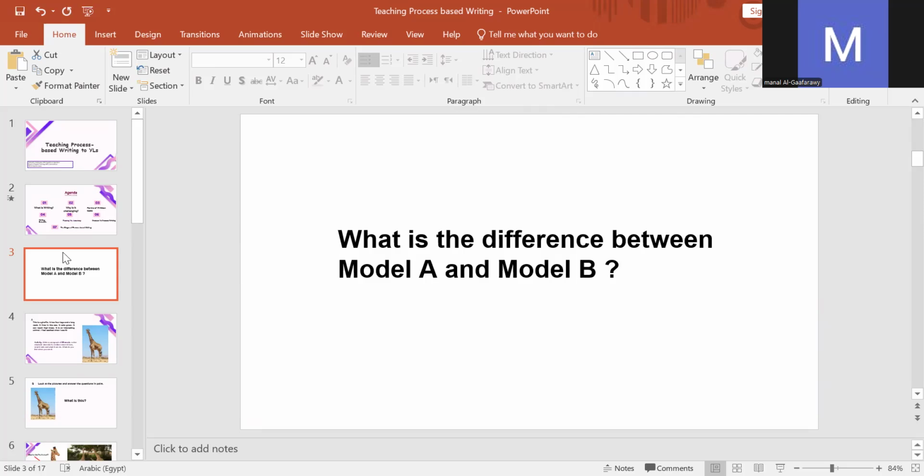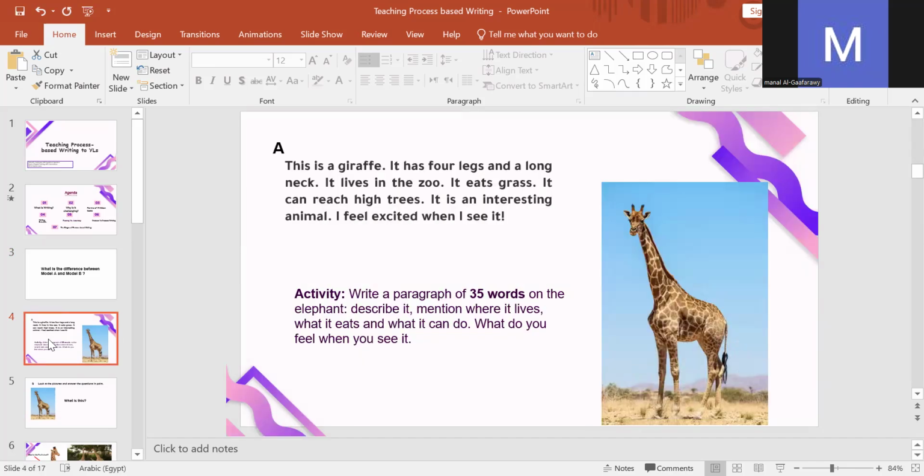So here we have two writing activities. This is Model A that we may give to our students, or we may find in our textbooks. In this model, as you can see, we have a text, a picture of a giraffe, and then an activity or writing prompt asking students to write a paragraph of 35 words on the elephant.